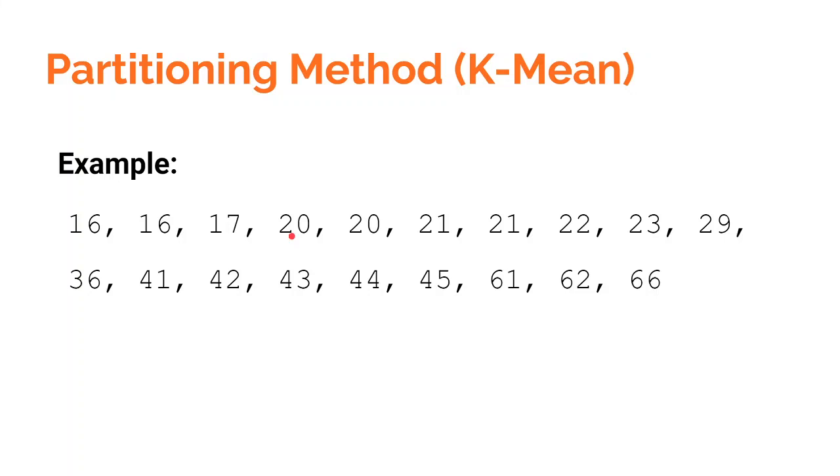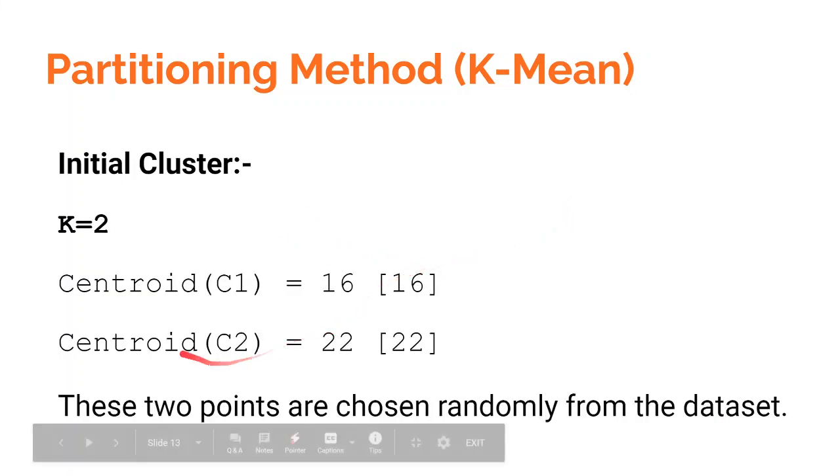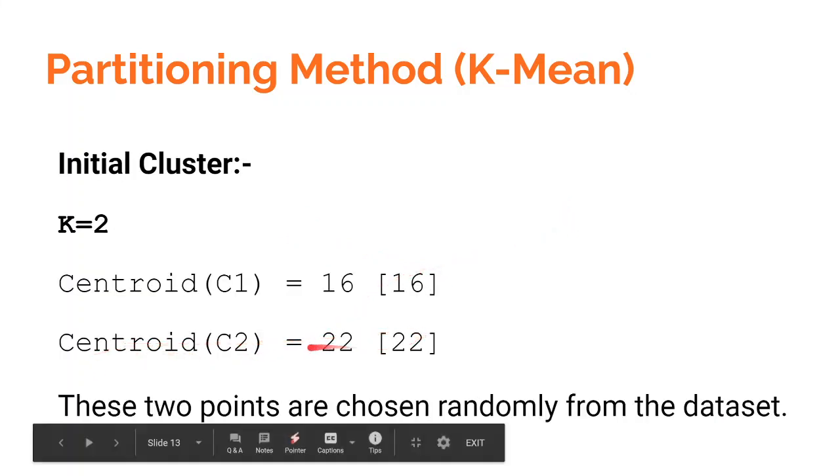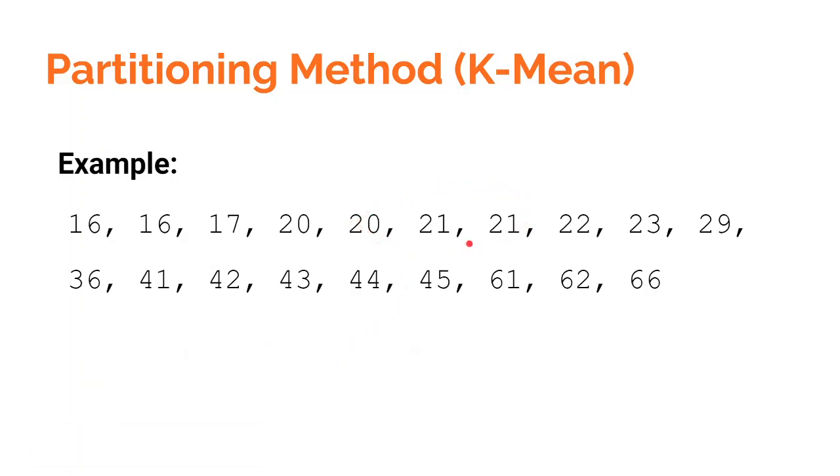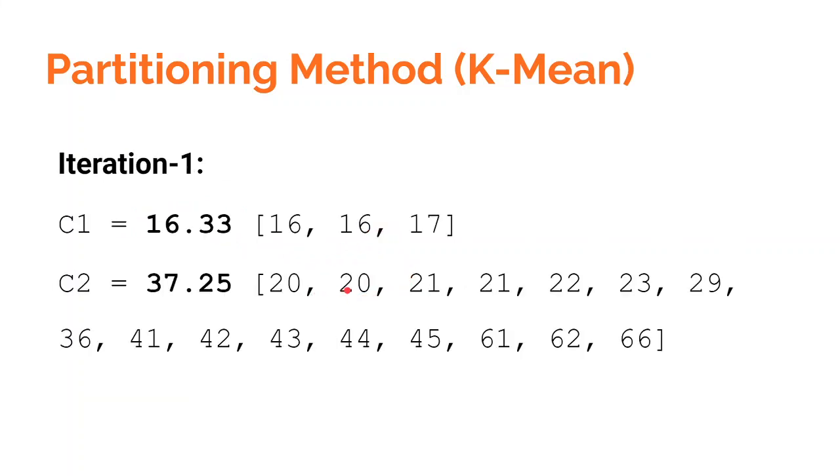On the contrary, if you calculate the difference of 20 and 22, since 22 is our second centroid, that is the second mean value, you will get a difference of only 2. On that basis, 20 is nearer to 22, the second centroid mean value, rather than the first mean value. So I will arrange this 20 value in the second cluster.